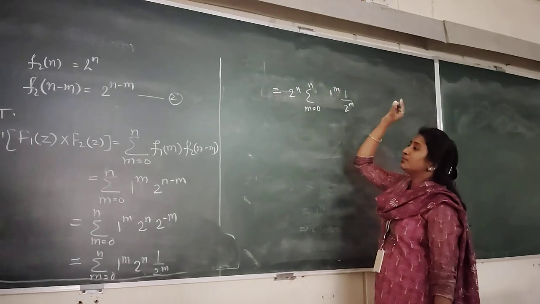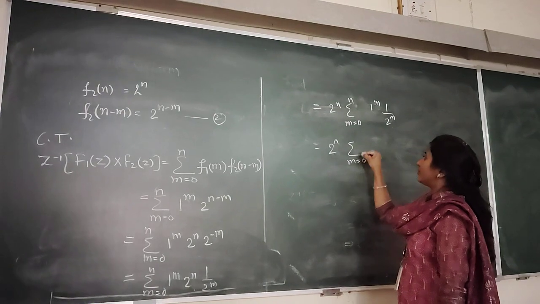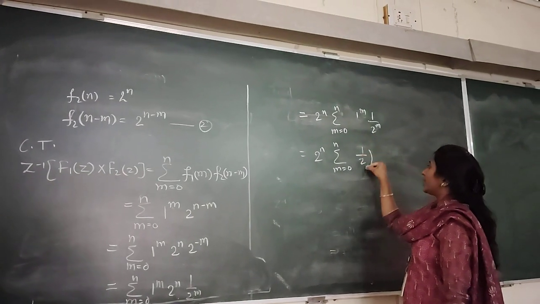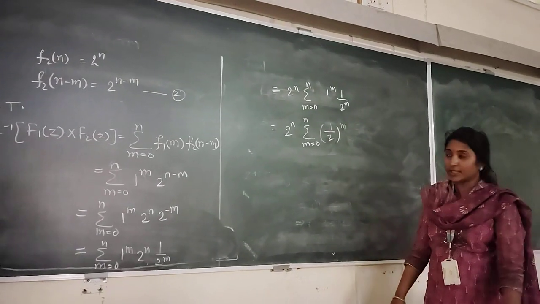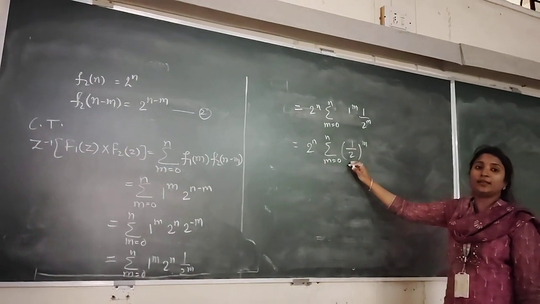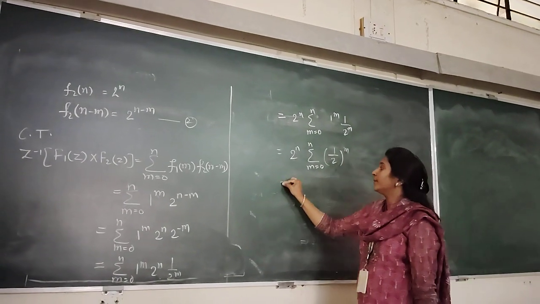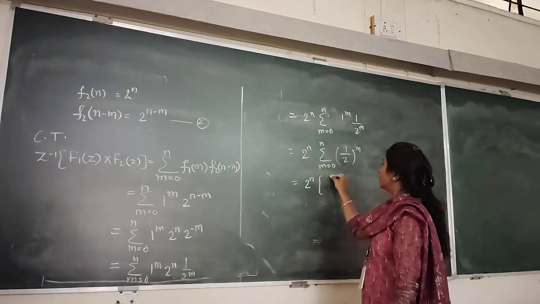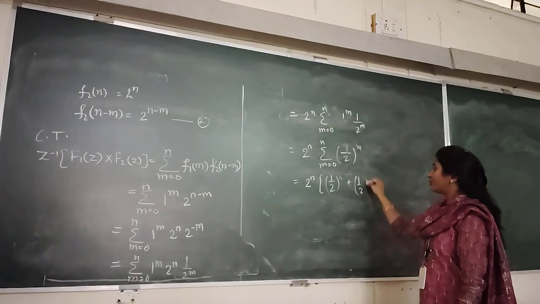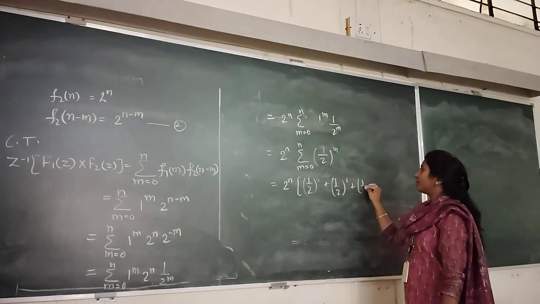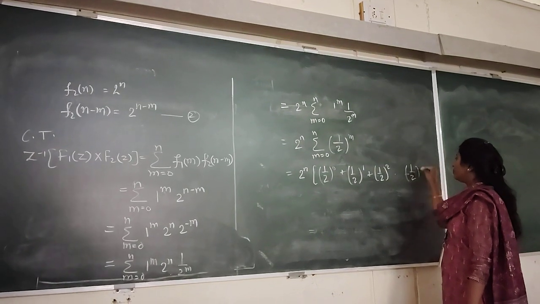By combining both the terms, 2 raised to n, summation m equal to 0 to n of 1 by 2 raised to m. Now we have to use the geometric series formula. Firstly, we expand it from 0 to n: 1 by 2 raised to 0, 1 by 2 raised to 1, 1 by 2 raised to 2, up to 1 by 2 raised to n.